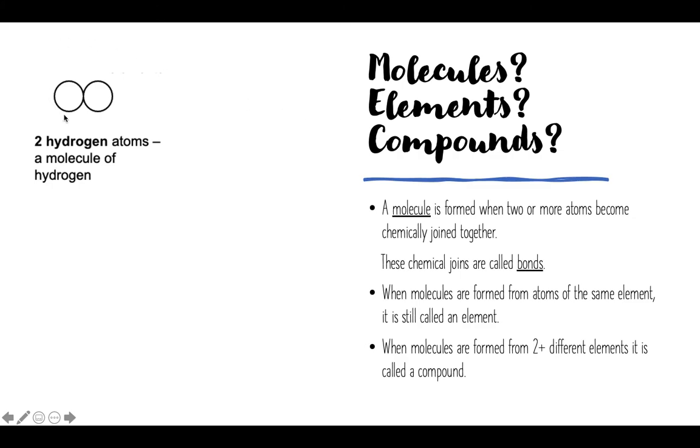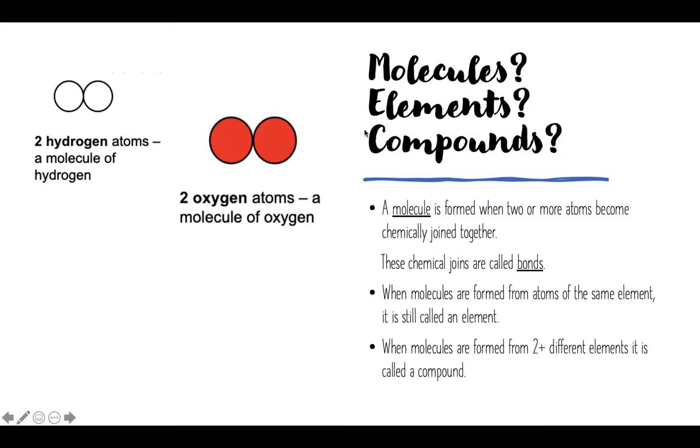So we have a molecule of hydrogen, but because it's two hydrogen atoms together, we can still call it an element. The same would go for two oxygen atoms bonded together. It is a molecule because it's two or more atoms joined together, but as they are the same element, we would still call it an element, not a compound.